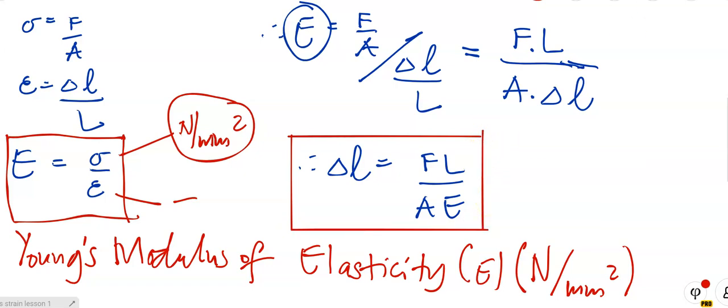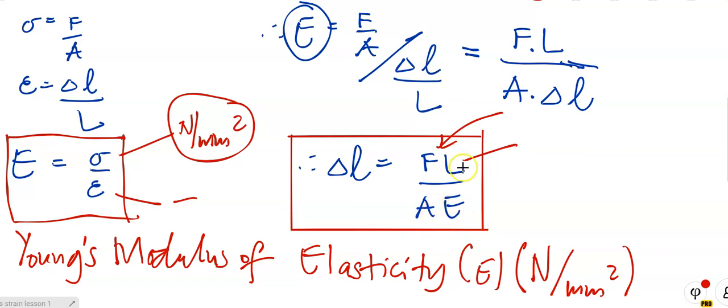Okay, so F is the load acting on the member, either squeezing it or making it longer. L is the original length of the member in millimeters. That's in newtons. A is the cross-section area of the member in millimeters squared.